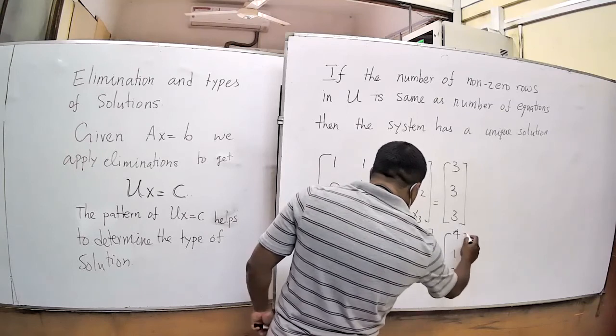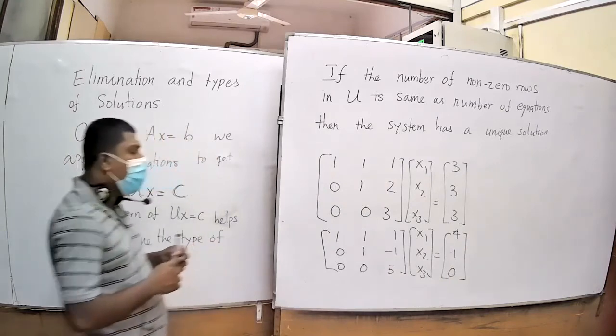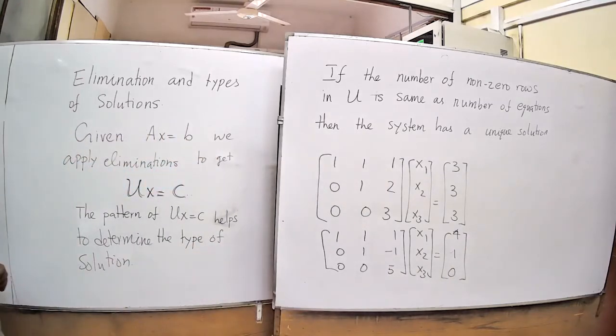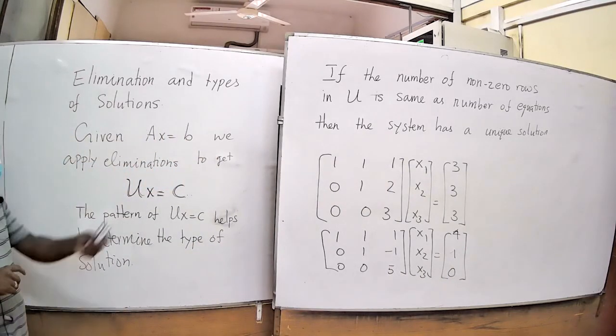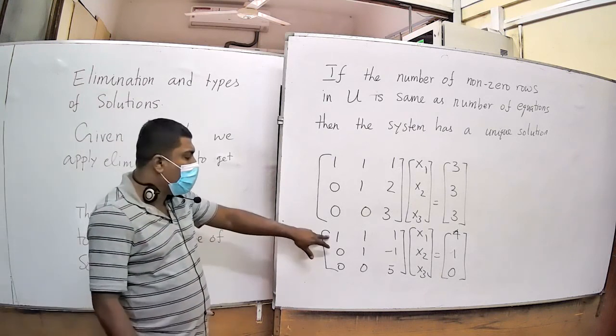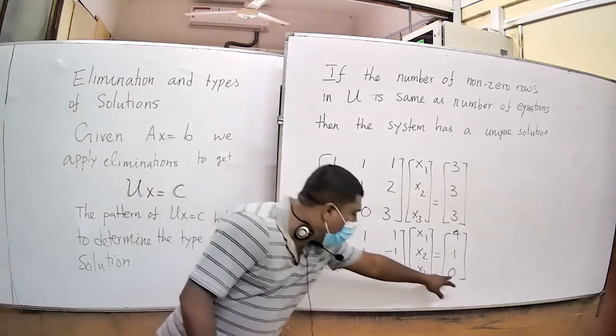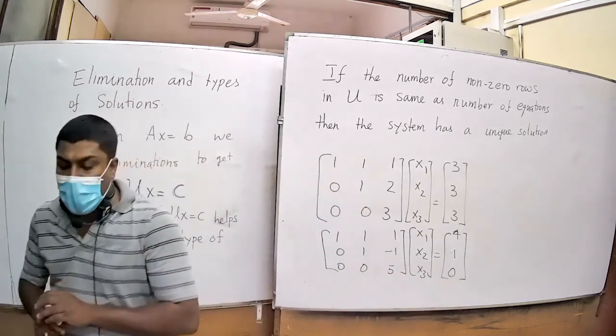So this one is also fine. This will also give you a unique solution, right? Because this has 3 equations, 3 unknowns, but the number of non-zero rows in the system is 1 2 3. So 3 equations. Whether you have 0 here or not is not a problem, right?